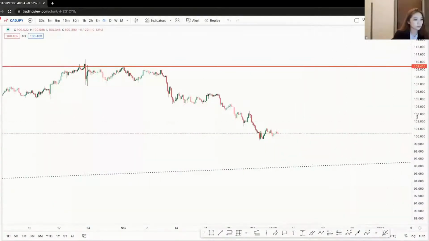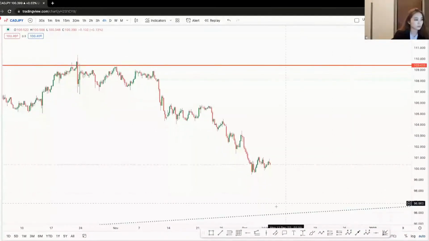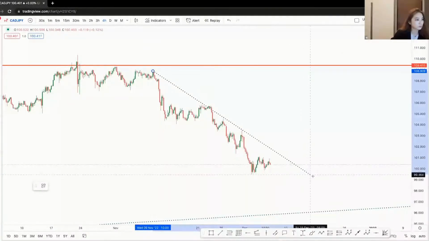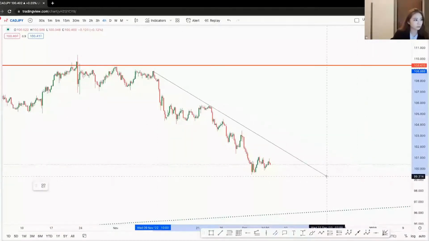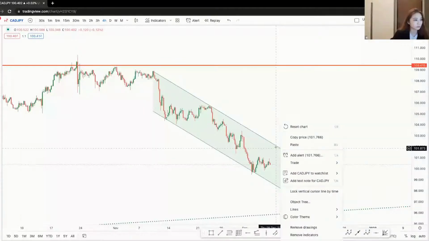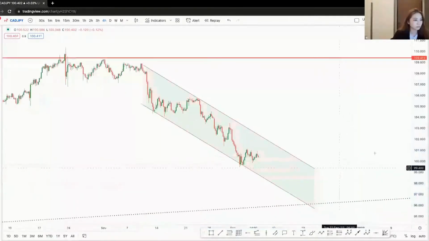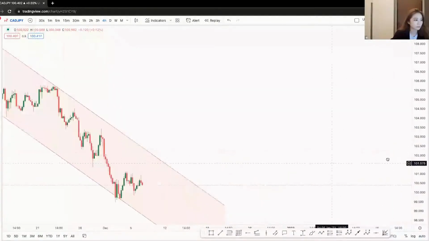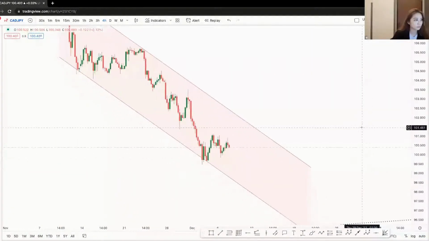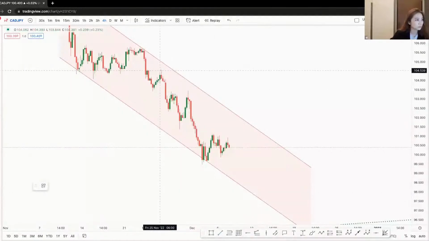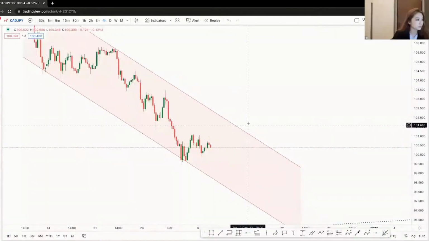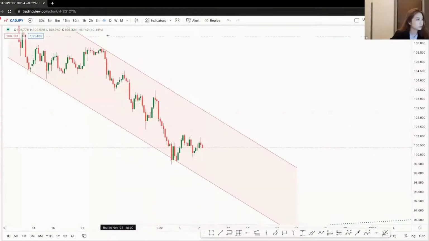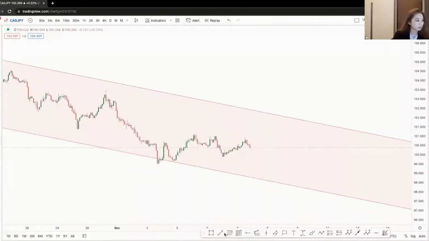H4. Interesting. I think on H1 you'll see a slight triangle.